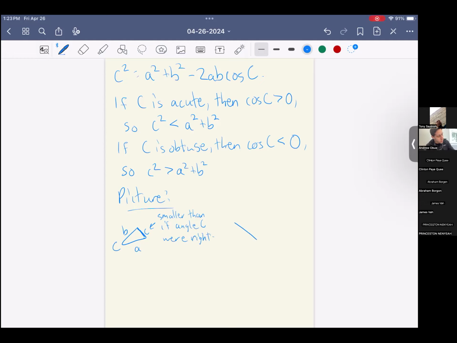But over here, if we have some highly obtuse angle like this, with A, B and C, then side c here is going to be bigger than if angle C were right.